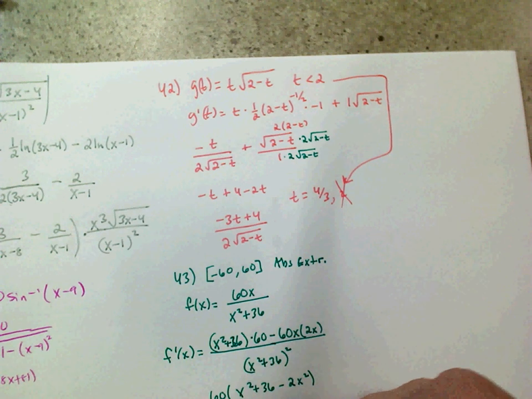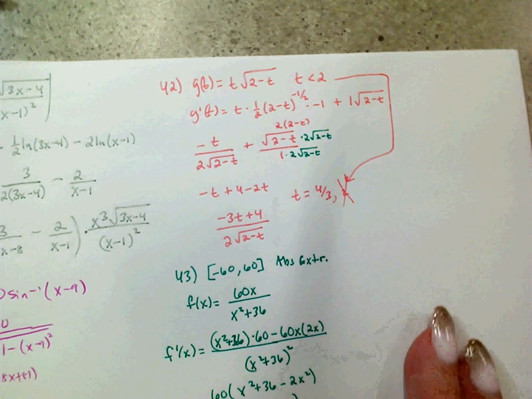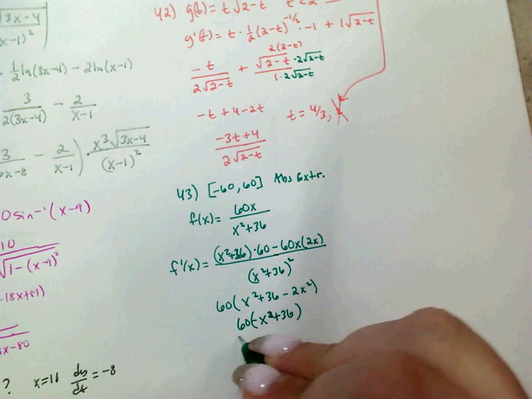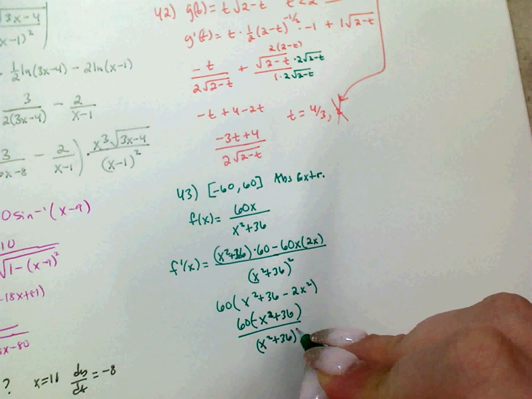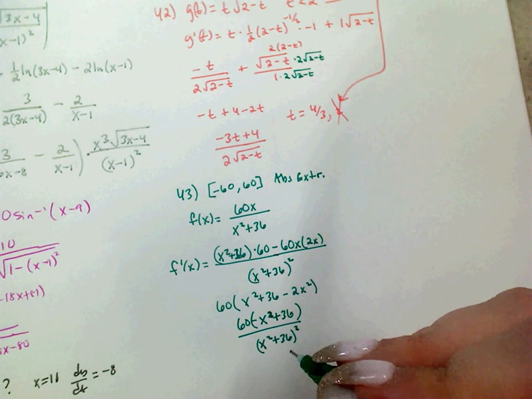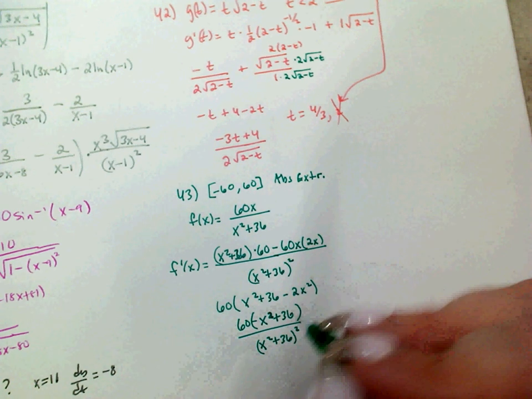And as far as the denominator goes, x squared plus 36 is a positive quadratic always. It's x squared shifted up 36 and then you square it. So as far as critical points go, it's never going to equal 0. I don't have to worry about it. So when you set the numerator equal to 0, you can get rid of the 60.